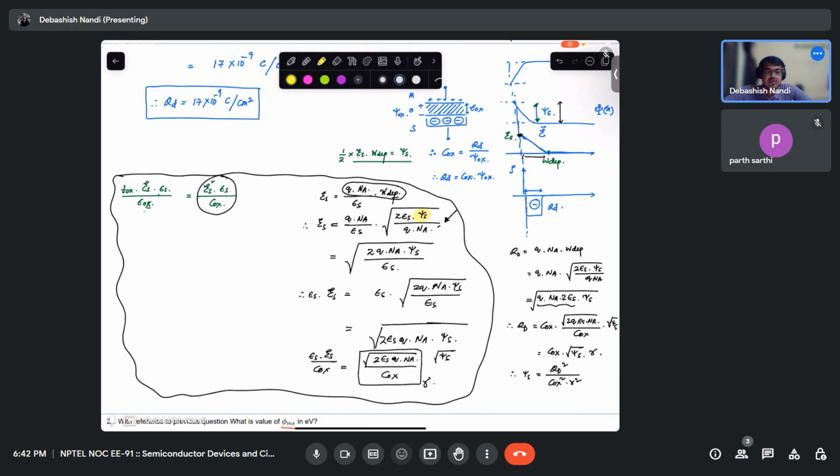You can cover up almost every other aspect of the device, because if you know psi s, you know this distance W depth. As soon as you know this distance, you know this entire charge, because you know the doping beforehand, right? So you need to know W depth, which depends upon your psi s.